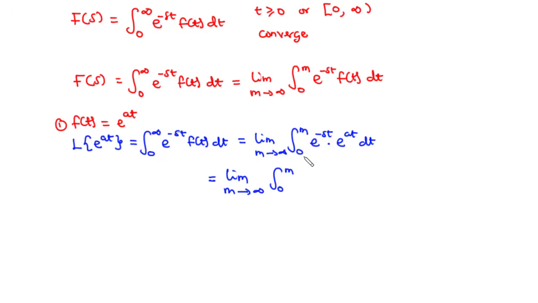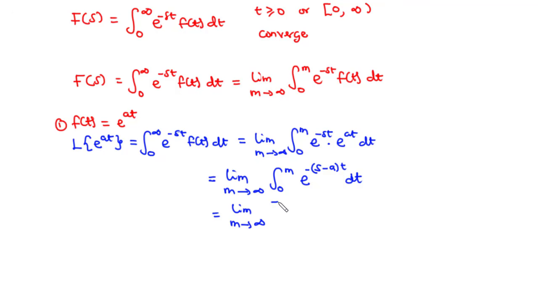So we have the bases to be the same, so we have e to the power, now we have negative or minus on the outside, so negative 1 times s is negative s, so we have negative 1 times s, and then negative 1 times negative a gives a, so that becomes minus a, and then all times t dt. Now the next thing we are going to do, we take the limit as m approaches infinity, and then we try to integrate this function.